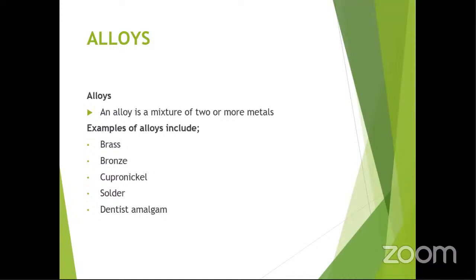Yes, Ambrose. Mercury and copper. Is that the same answer that Martha wanted to say? Yes. Very good, so the answer is correct. Mercury and copper gives us a dentist amalgam.